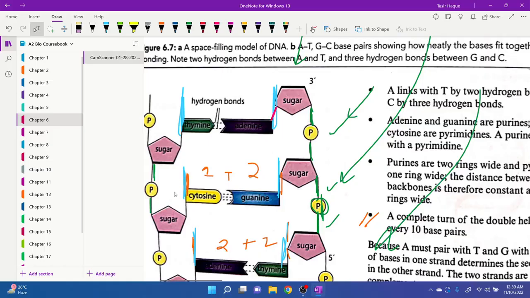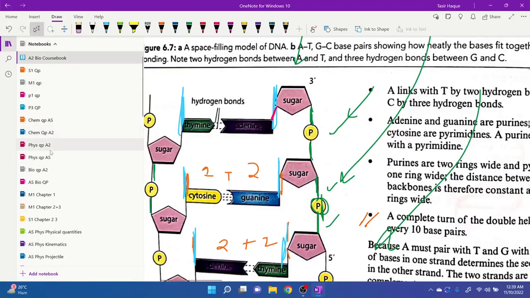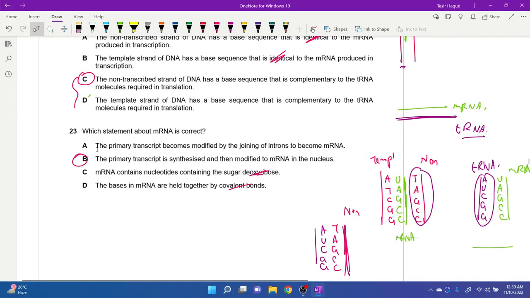The bases are attached to sugars by covalent bonds. But mRNA itself has phosphodiester bonds in between. So B is the best answer, that's true. mRNA contains nucleotides. C is wrong and A is wrong.